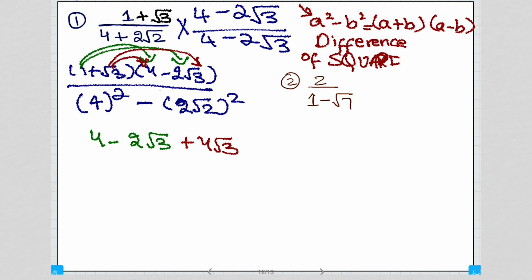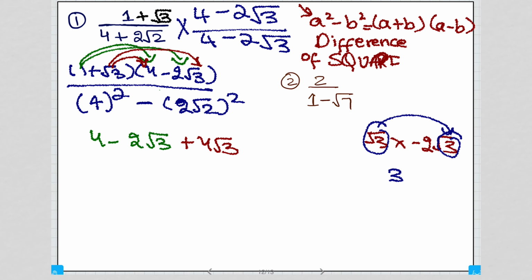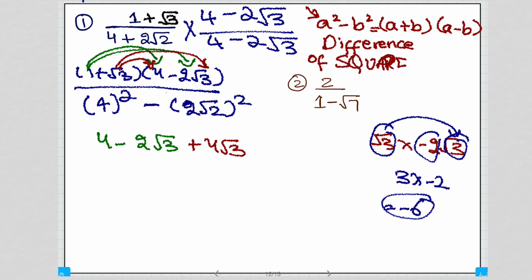This is a bit of a tricky part. Root 3 times root 3 is just 3. Then we multiply 3 with the remaining part, minus 2. 3 times minus 2 is minus 6. So we write minus 6 instead of root 3 times minus 2 root 3.